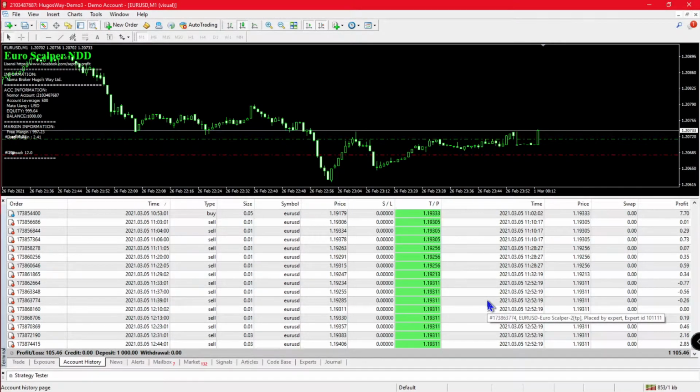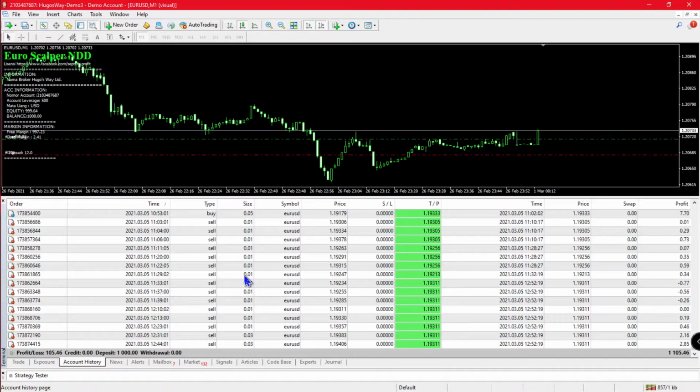So we've been using this for the past week, and this is a dollar account, so that's $1,000. It was able to make $105 for the past week alone, and that's using the default setting beginning with 0.01 lots, which is the smallest you can open on a Forex broker.